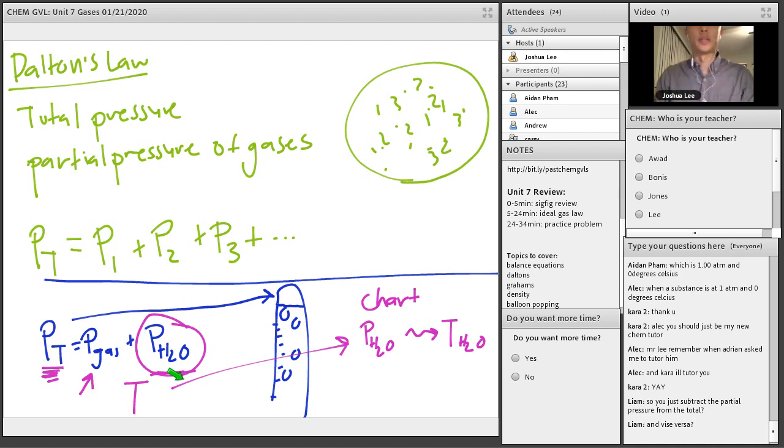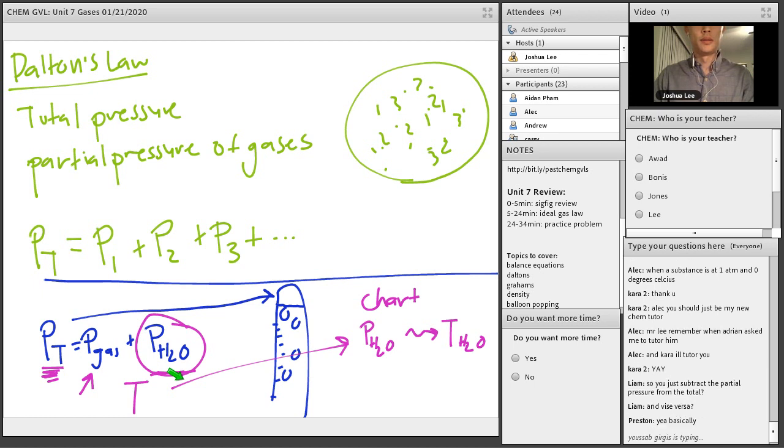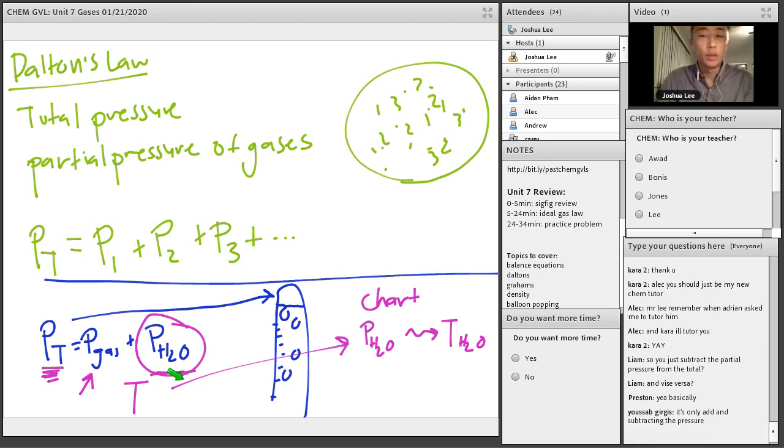So we can do a practice problem. Let's see if I can find practice problems. Dalton's law, practice problem.